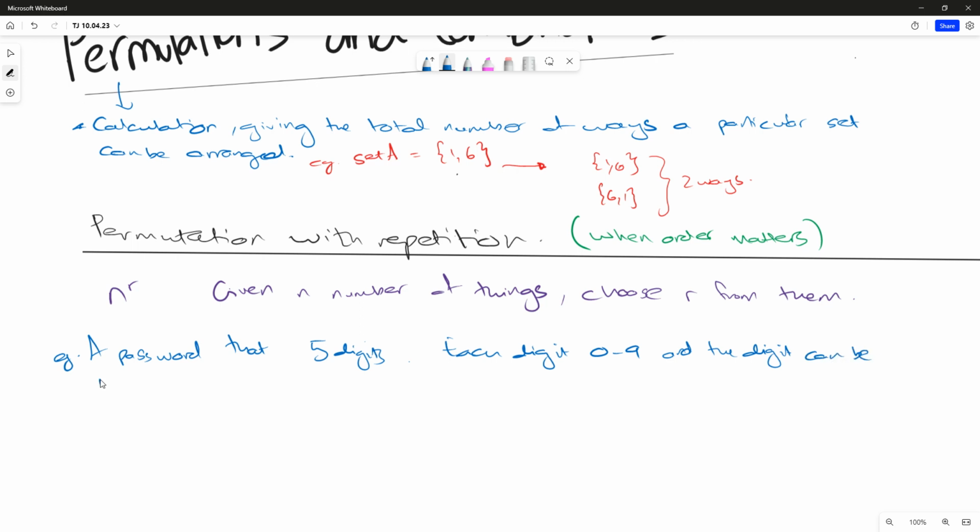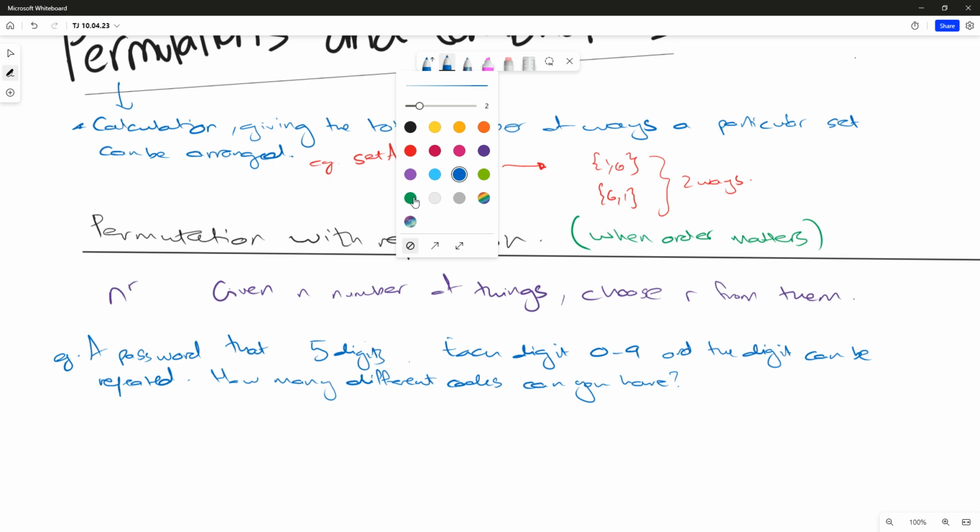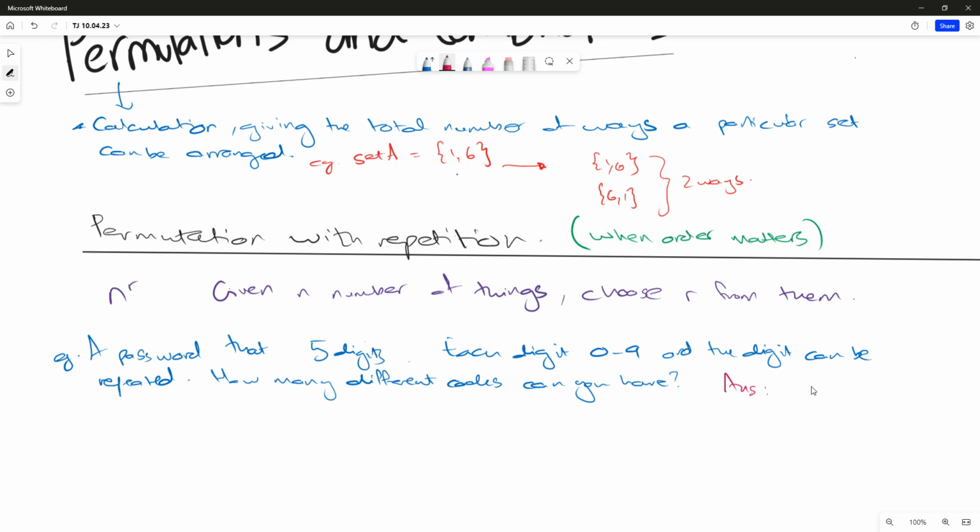So you're given that as information, and the question says, how many different codes can you have? The answer comes to, firstly, n is equal to 10 and r is equal to 5. So it'll be 10 to the power of 5. And that's how many different codes you can get.